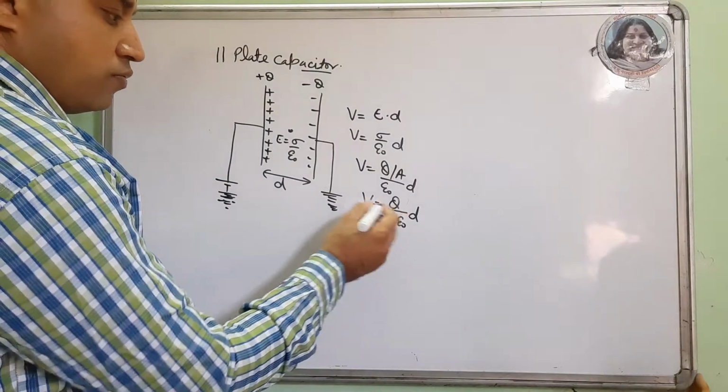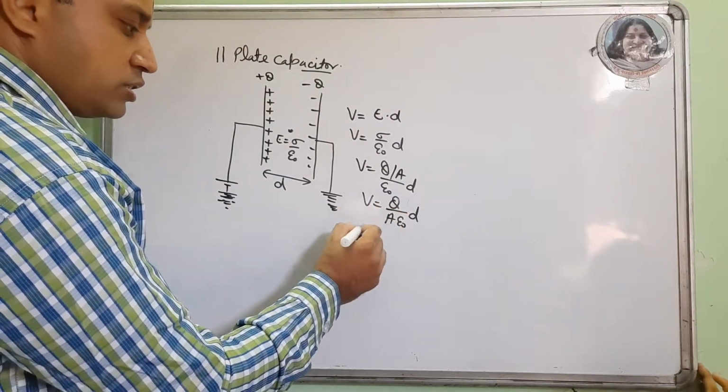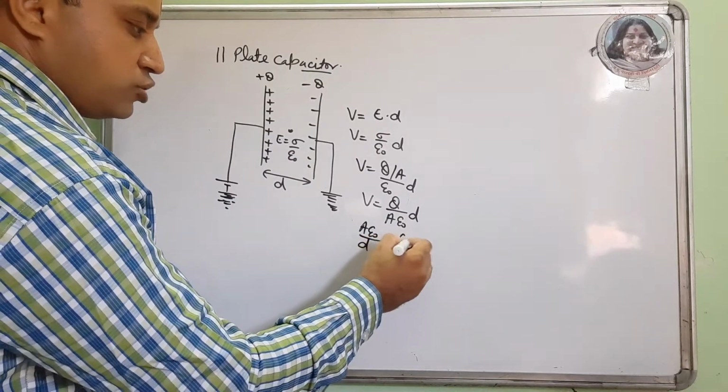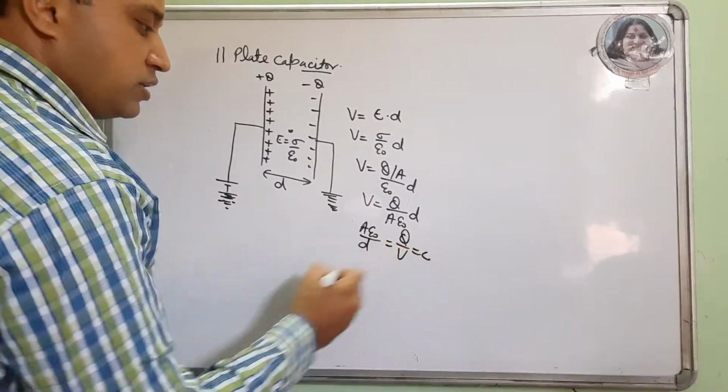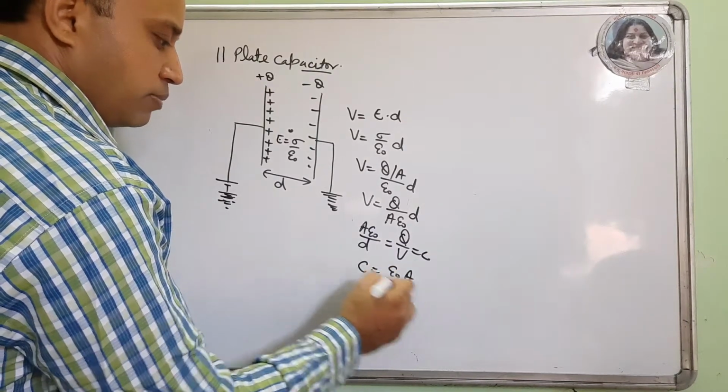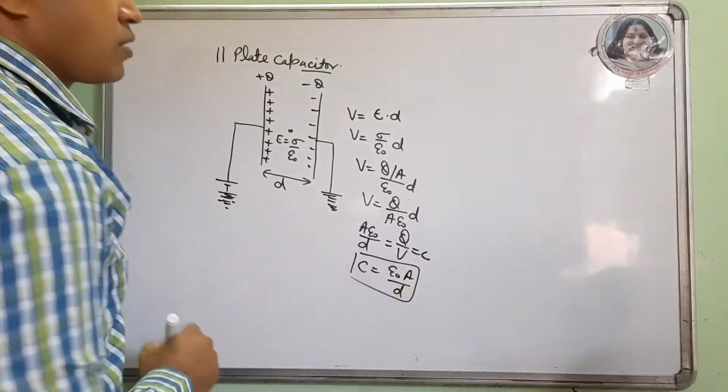Since we can rearrange this, epsilon naught A by D is Q by V, that is C. So the capacitance of a parallel plate capacitor is epsilon naught A by D.